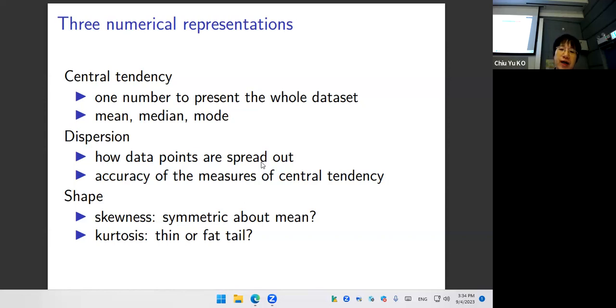If you give me a mean of some number and the variance is very large, then I put very little confidence on how representative the mean is. If the variance is very small, then I would trust the mean will be very useful. Okay. So these two are very basic things.